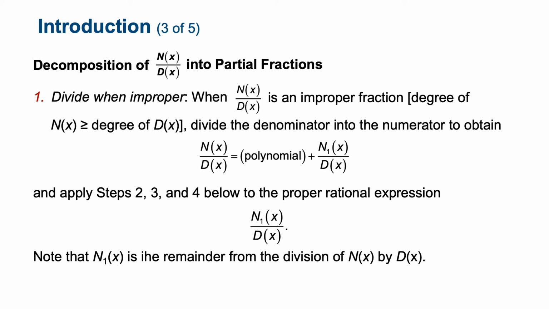We've studied long division, and we've used synthetic division to do this also, which is fine. When the numerator is greater than the denominator, we use synthetic division or long division to find a new polynomial, plus the remainder, which the book calls N sub 1 of x over D of x. Whatever, it's a remainder. And then we go ahead and do the partial fraction decomposition of N1(x) over D(x), so of the remainder of what you originally had.